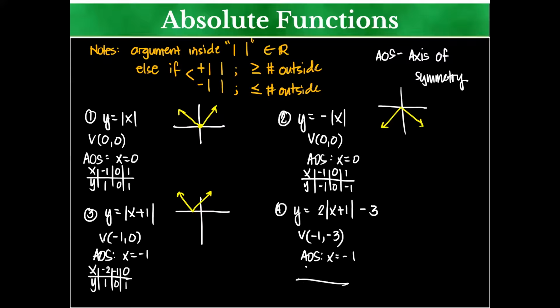Next, negative 1, negative 2, and 0. Negative 1, it becomes 0 minus 3, that's minus 3. Negative 2 plus 1 is negative 1 times 2 is negative 2, right? Negative 2 minus 3 is negative 5.